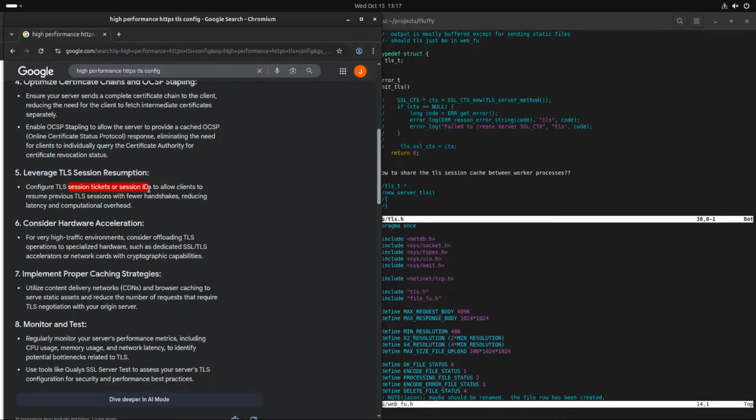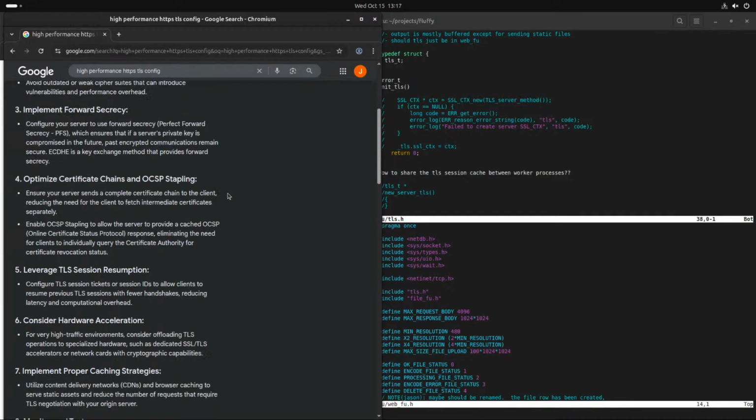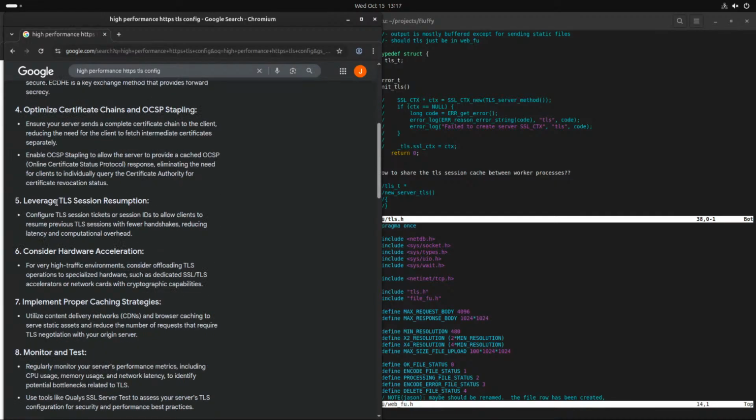Although both of these are, I guess, deprecated with TLS 1.3, which has some other PSK thing. So I guess they combine the pre-shared key stuff as a way to do this, possibly. I don't know.